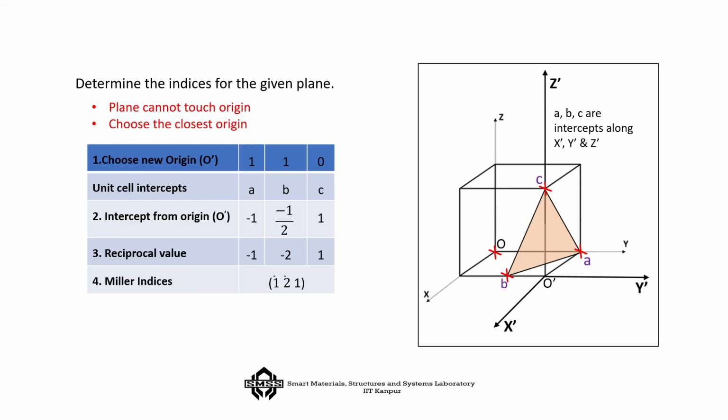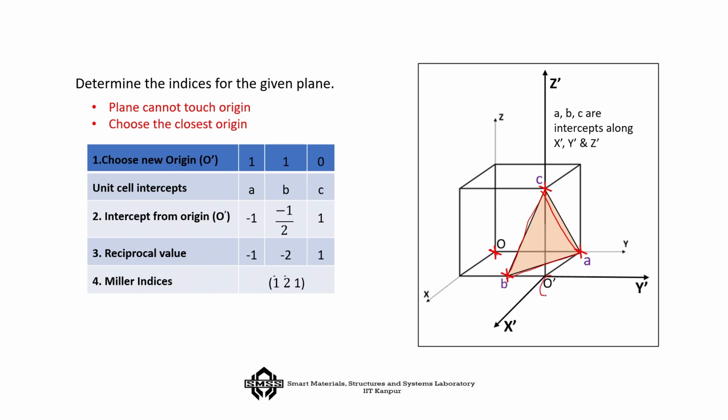Now, let us go forward and look into the cases where the plane cannot touch the origin and we have to choose the closest origin. So, if you take a problem like this, this is the plane, and suppose you define everything with respect to this origin, then the plane is not close to the origin.